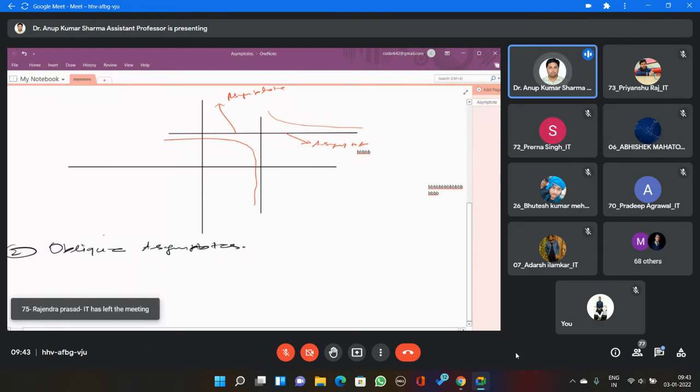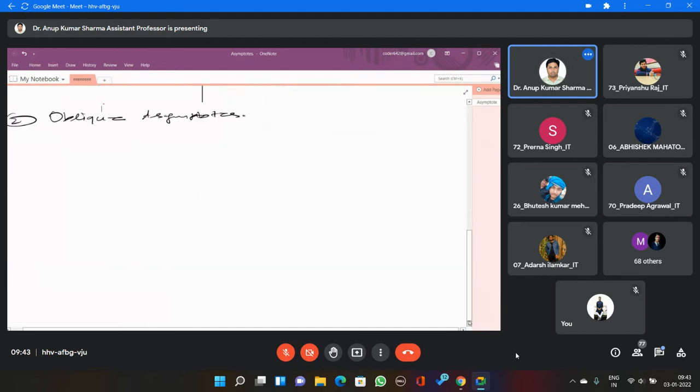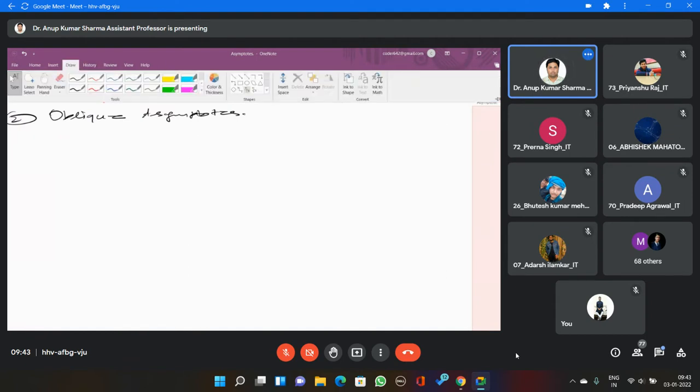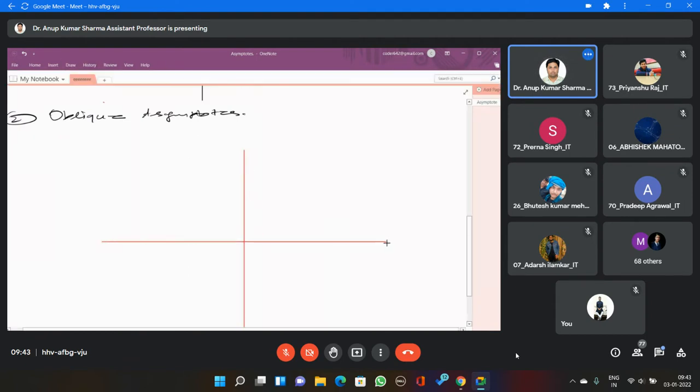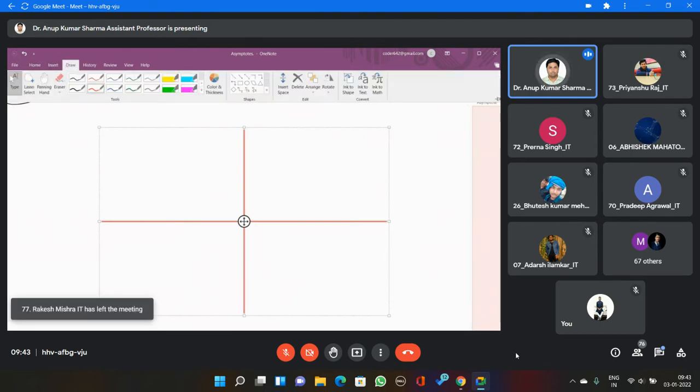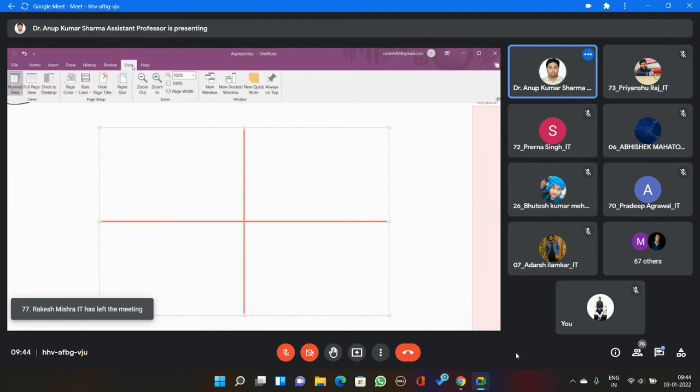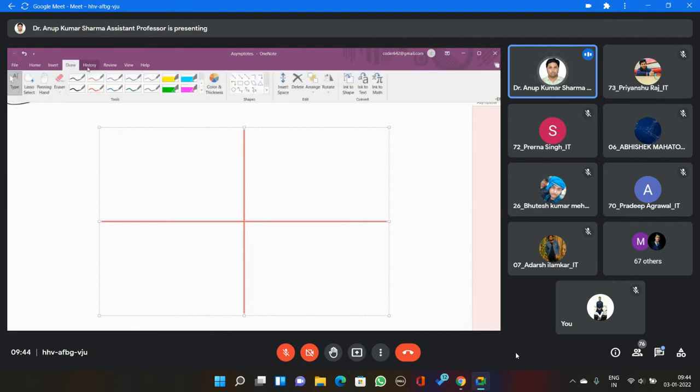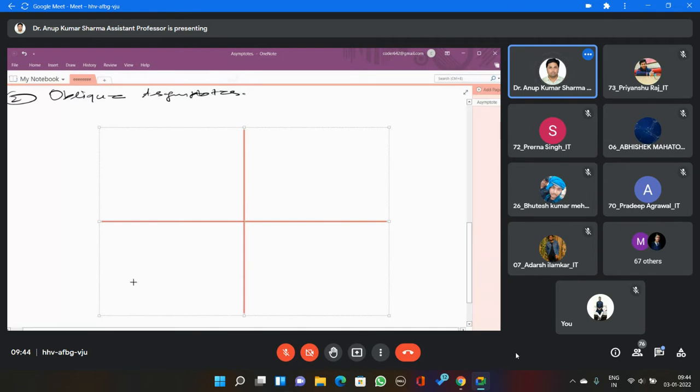In oblique asymptotes we can draw in a similar way, like one straight line we take as the asymptote, and the curve goes like this.